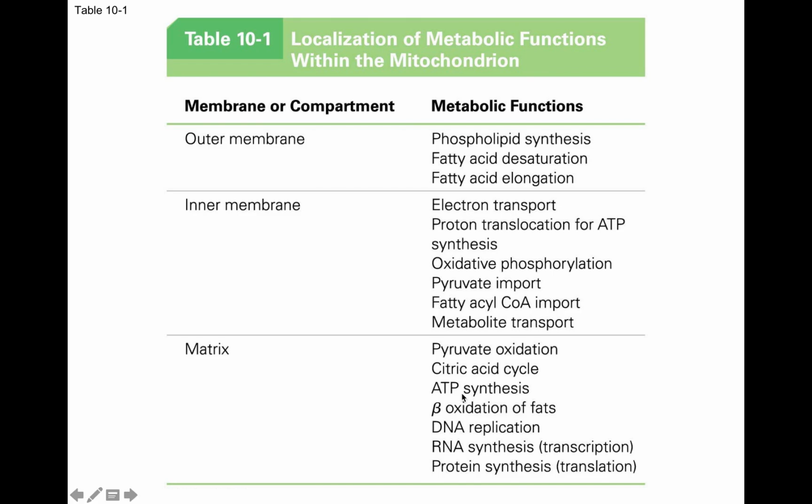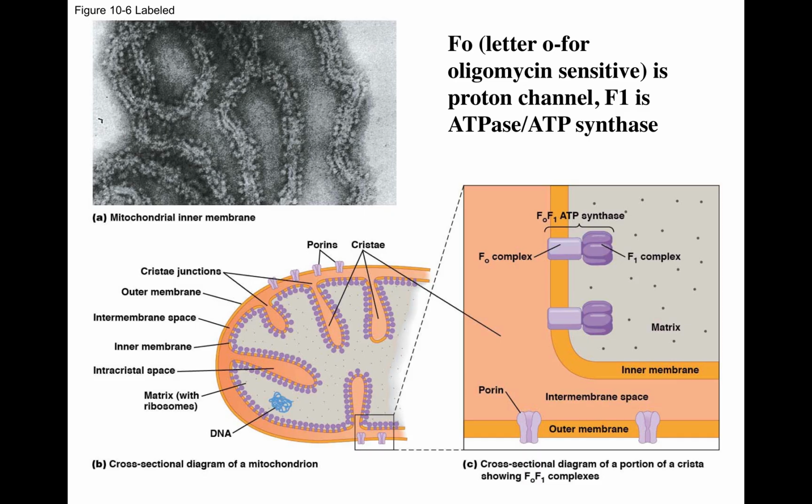That's where you get ATP synthesized, and then ATP has to get back out into the cell. We're going to see beta oxidation happen in the matrix. The mitochondrial DNA gets replicated in the matrix, and mitochondrial RNA gets synthesized in the matrix, and mitochondrial protein gets made in the matrix.